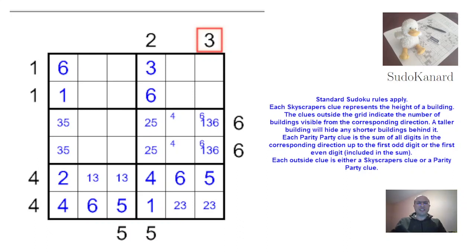What are the options? Can't be digit 3. It could still be 1 and 2. Oh no, it could not, because there has to be a 4 somewhere. So that's a skyscraper clue. Interesting.